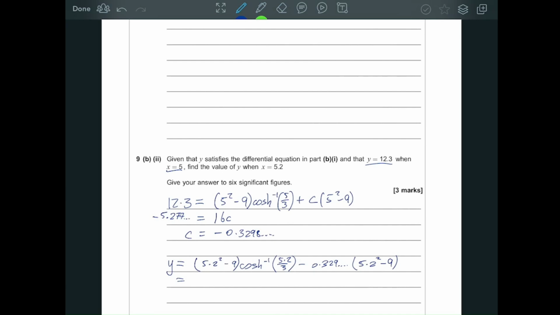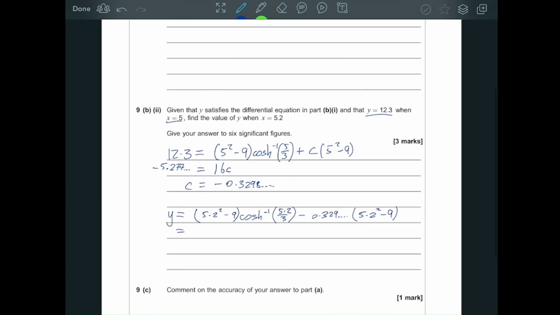And I still need to subtract answer lots of 5.2 squared minus 9. I'm hoping this gives, okay, that's miles off.